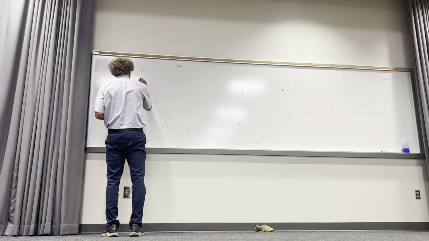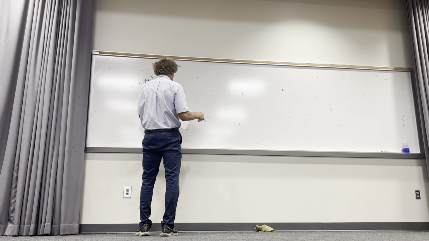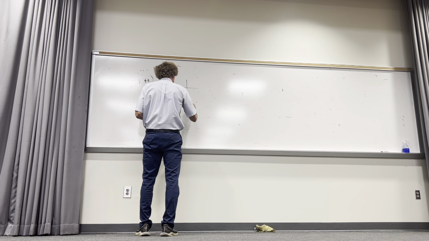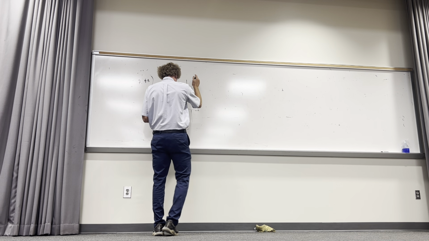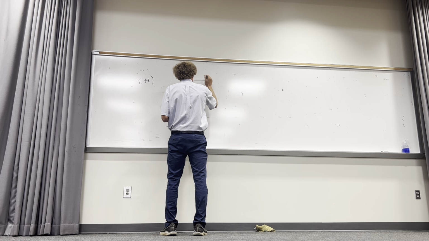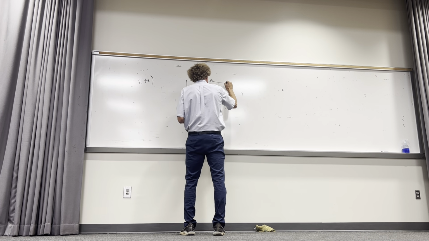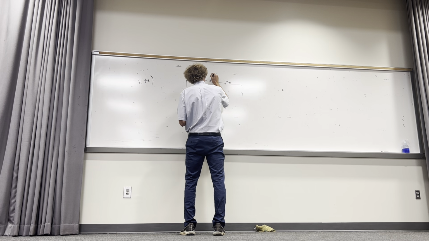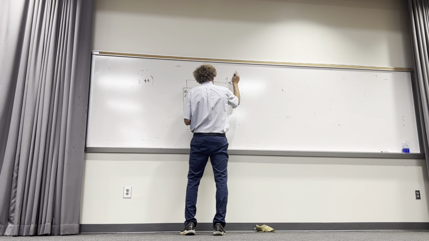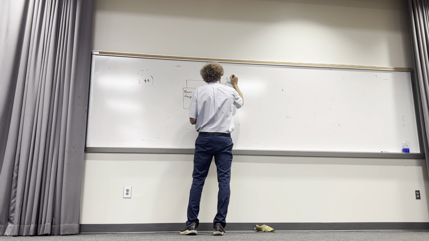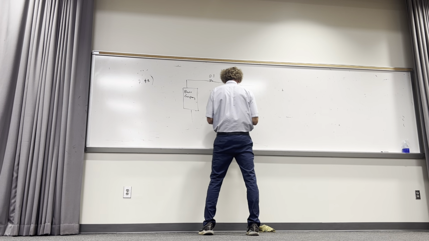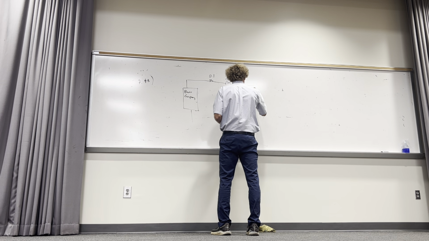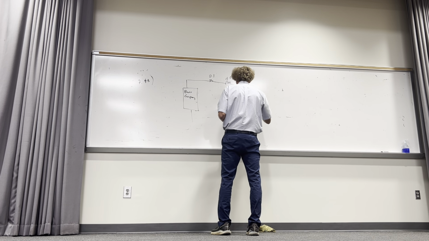So in 7.48, here you've got a power company. And then you have line losses. And then you're going to have two loads.